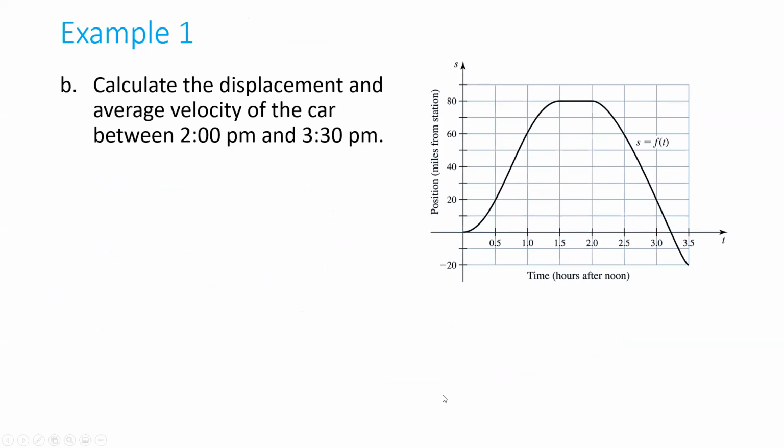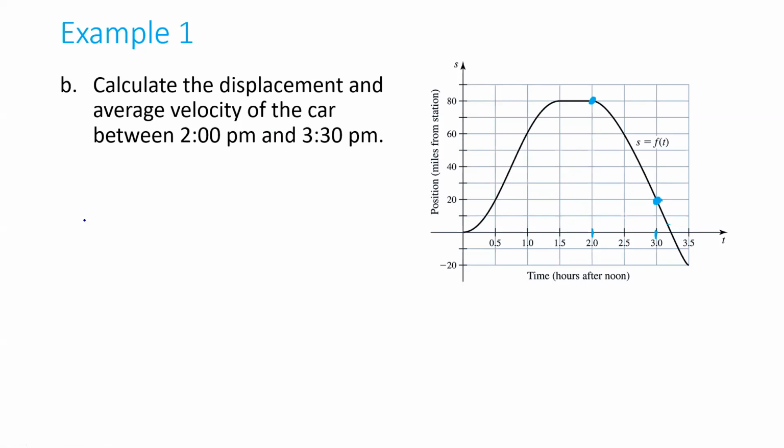Now, what would be his displacement and the average velocity between 2 p.m. and 3 p.m.? So let's just look at 2 p.m. to 3 p.m. So that would correspond to these points here and here, right?